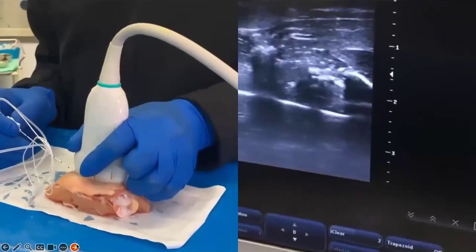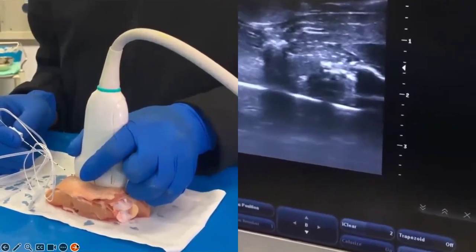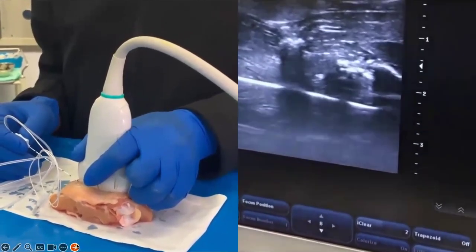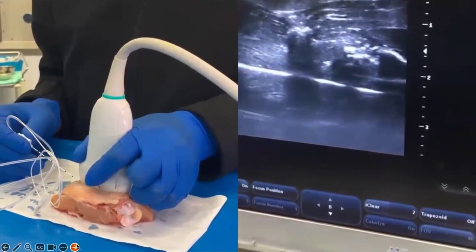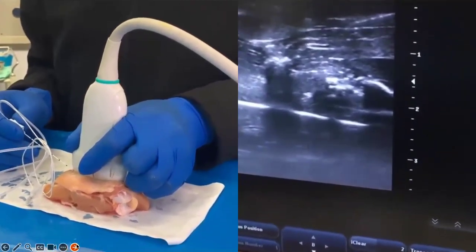This is what one of our trainees was doing, practicing hand-eye coordination and needling using a piece of meat.